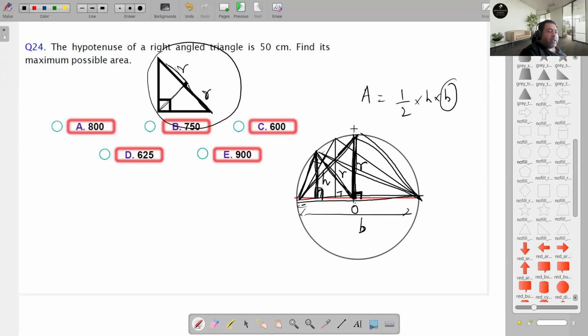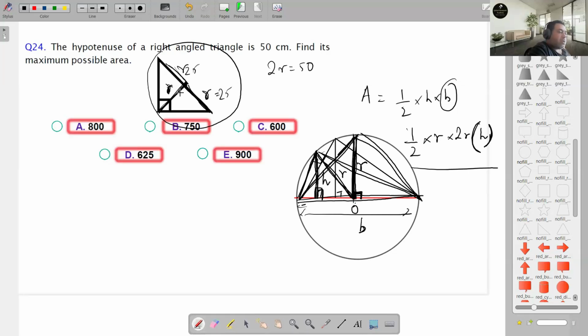Therefore, this triangle will have the highest height, which will be equal to the radius itself. Therefore, the largest right angle triangle with a given hypotenuse, which is the diameter, has area half into r into 2r, where 2r is the hypotenuse. Okay, so that's what we are going to do here. So if the hypotenuse is 50, which means that 2r is equal to 50, and therefore r will be equal to 50 by 2, which is 25.